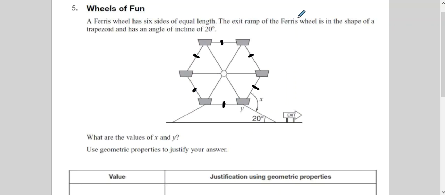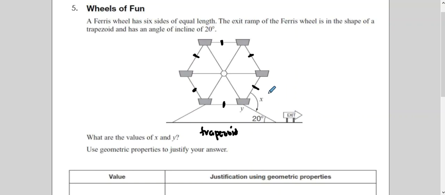The exit ramp of the Ferris wheel is in the shape of a trapezoid. Okay, so this guy here is a trapezoid. Let's put trapezoid down here, at an angle of incline of 20 degrees. Solve for x and y.